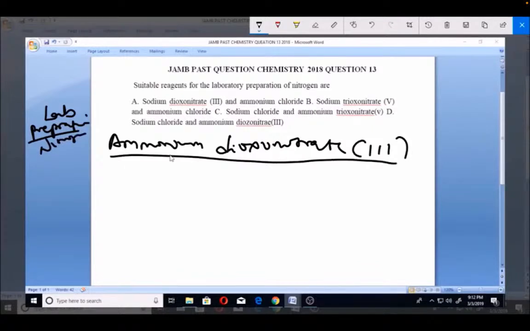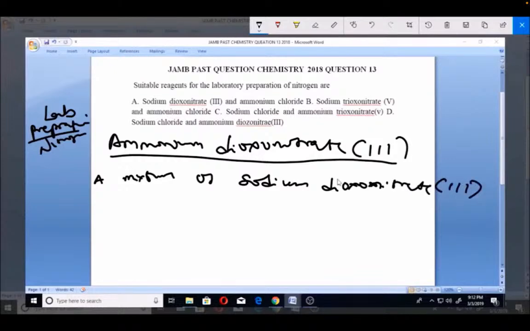But how does this happen? This actually happens by using a mixture of sodium dioxonitrate 3 and ammonium chloride.